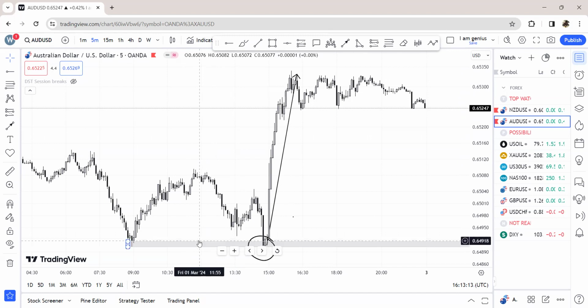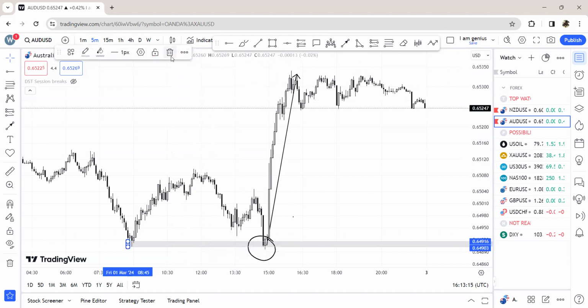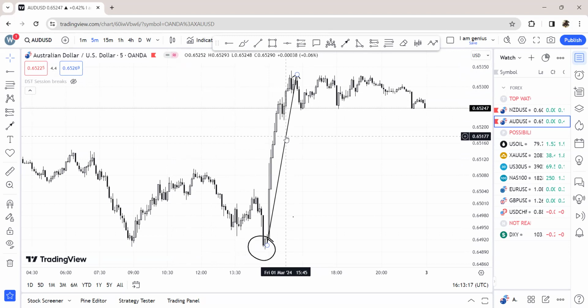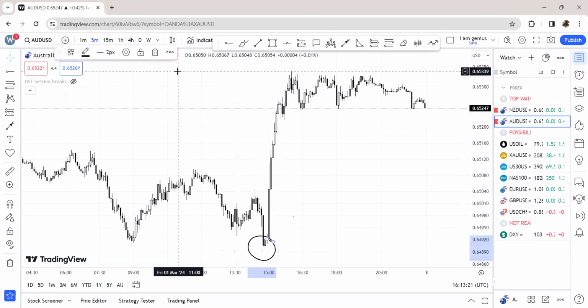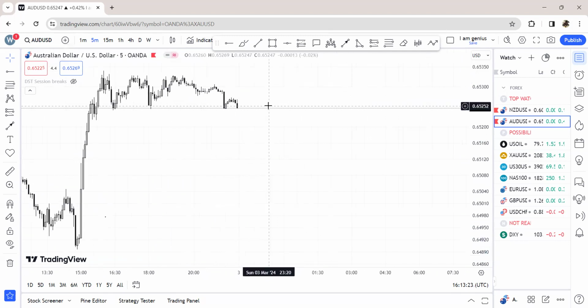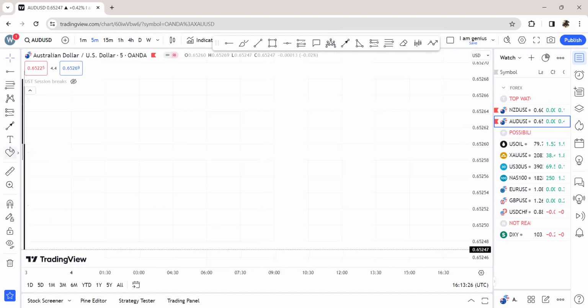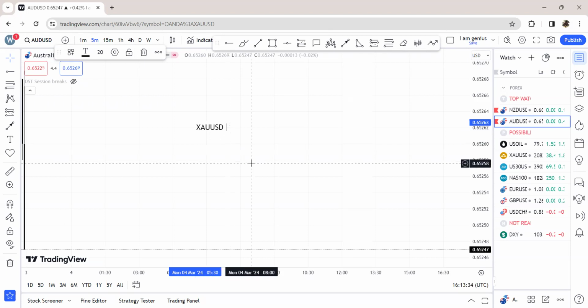Talking about gold, what do you guys think would be the relationship between gold and the DXY? So gold, let me just do this here. Gold is XAU USD, right?